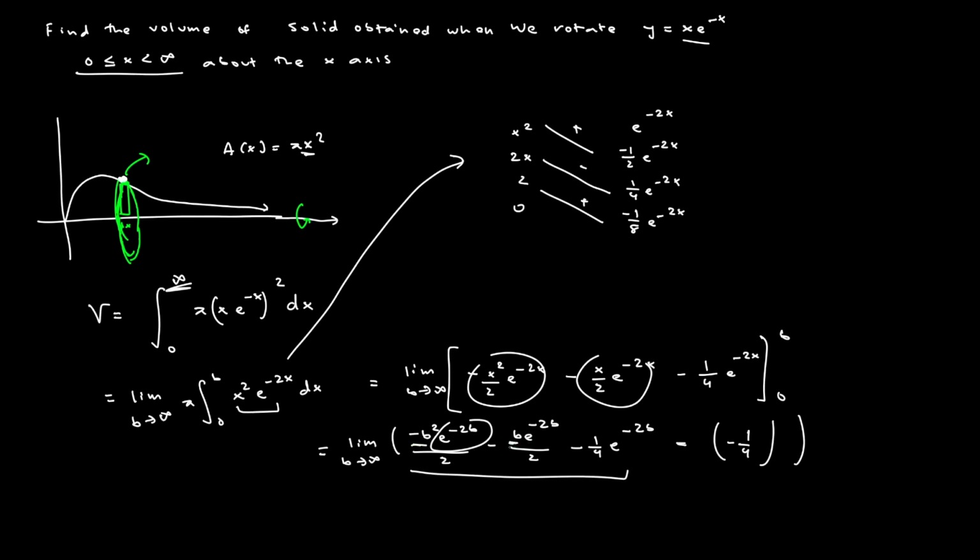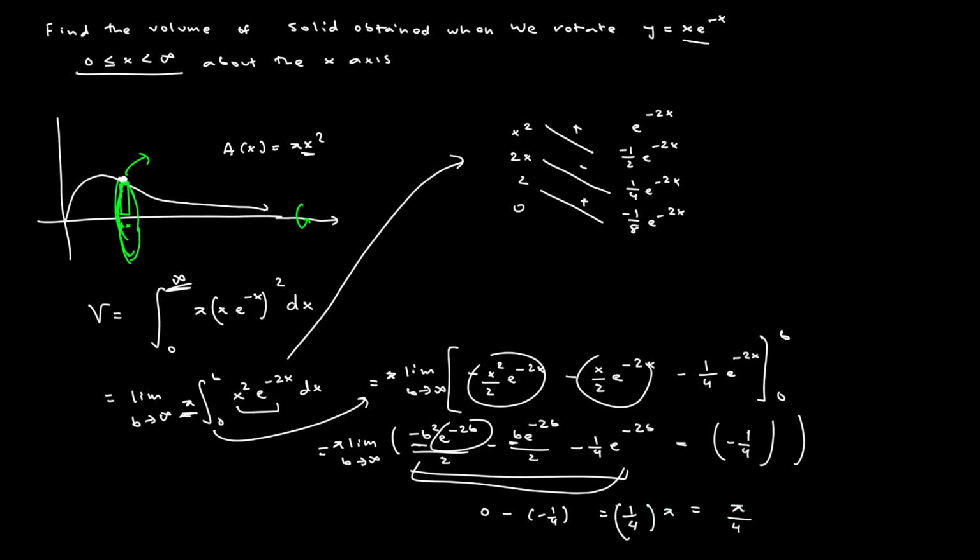So all of these will just go towards 0. So we end up with 0 minus 1/4, and so we end up with minus 1/4 inside the expression. And I think one thing that I forgot to add when I was doing this work is this pi term that's been passed down. And so the answer is just 1/4 times pi. And so our volume is pi over 4.